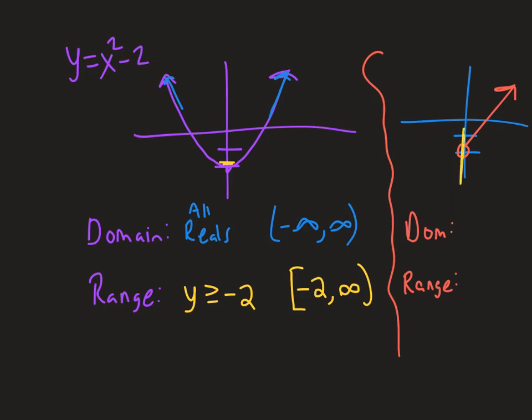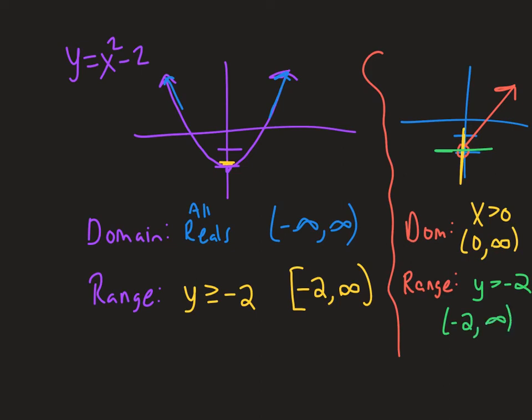It's never going past that. So the x values are always greater than 0, which means it would go from 0 to infinity for x values. But for y values, it's always greater than negative 2, so it would be from negative 2 to infinity.